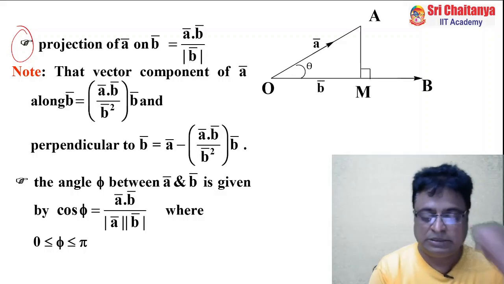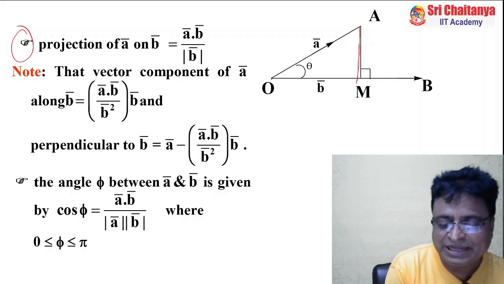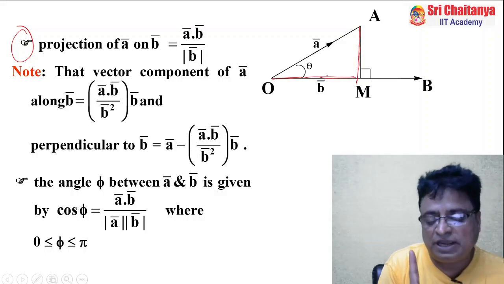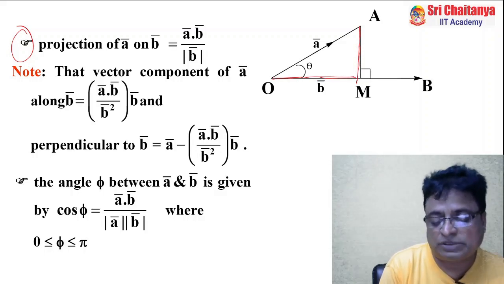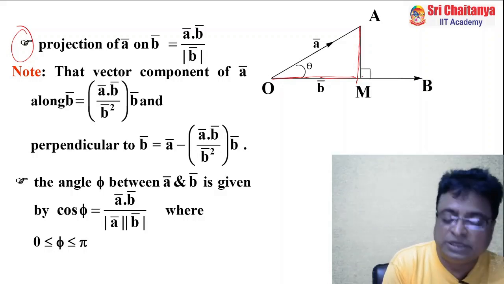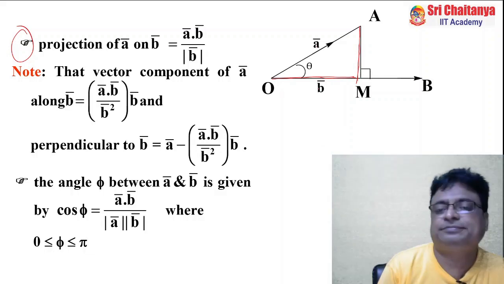Say for example, draw a perpendicular AM from A onto vector OB. Then this length OM, I am very clearly pronouncing, this is a length, that means it's a modulus. This length OM is called the projection of A bar on B bar.